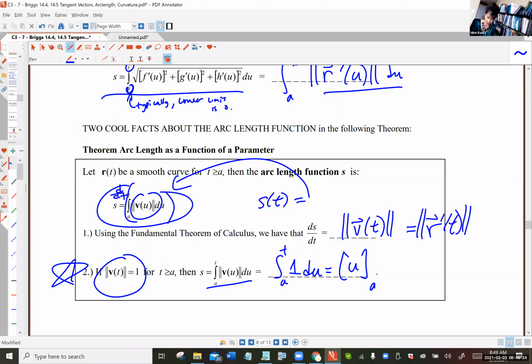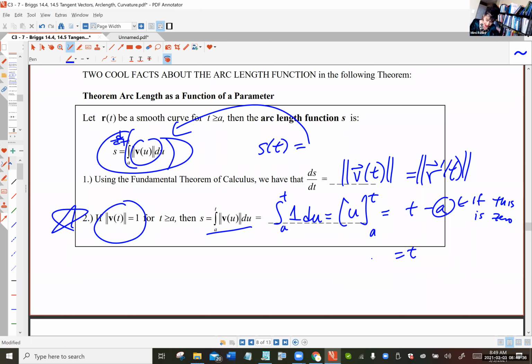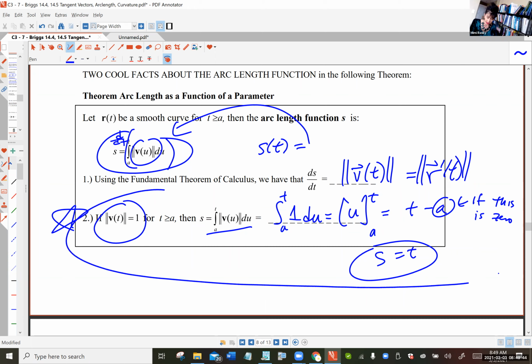Then if I evaluate between the limits, I get this. And if the lower limit is 0, which a lot of times it is, then you'll get just t. So the cool thing is your s function is exactly the same as your parameter t. So this is a way to tell if your parameterization is the arc length parameterization.